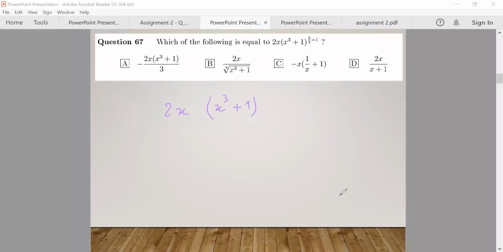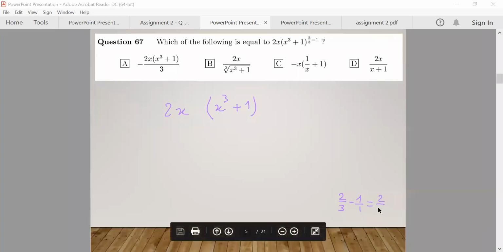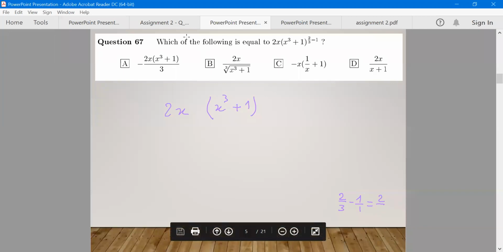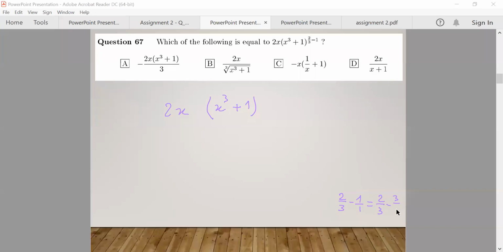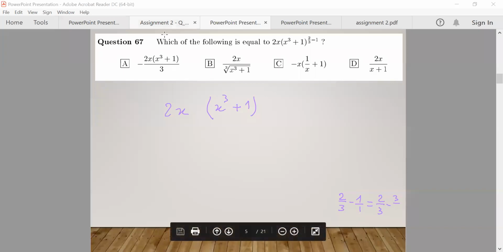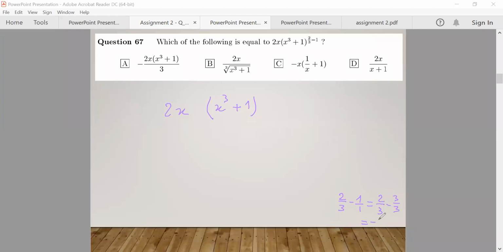We can calculate it here: difference of fractions, reduce to the same denominator. 2 over 3 minus 3 over 3 gives us minus 1 over 3. So this is 2x here, to the power of minus 1 over 3.